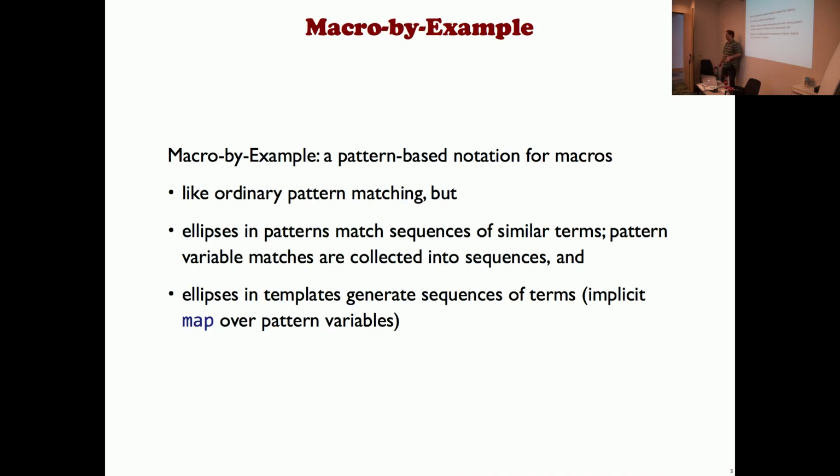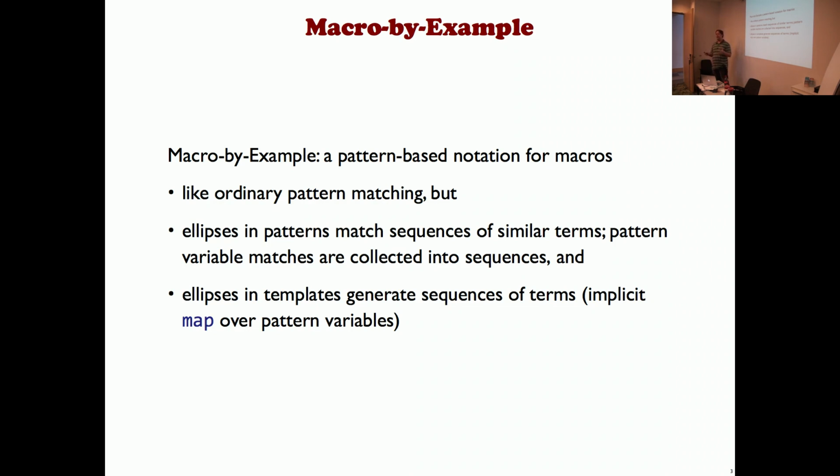Macro by example is kind of the thing that kicked this all off. It's a notation for writing syntax transformations, macros, kind of like ordinary pattern matching, but with this nifty ellipsis feature, right? And the effect of ellipses is that if an ellipsis occurs in a pattern, then you match some sequence of things, all of which have to match the preceding pattern.